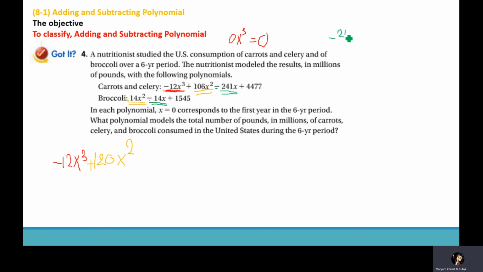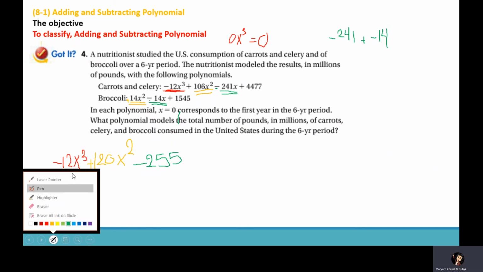Negative 241, plus, since I'm adding these two polynomials, minus 14. So I'm going to add them. 241 and 14, both of them minus. So that will be minus 255.